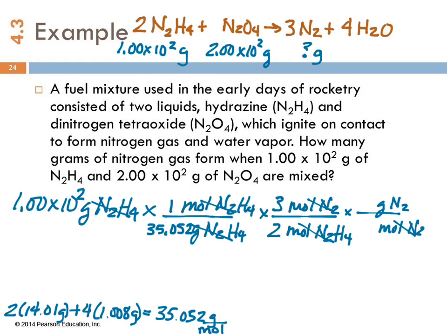It's going to be 3. Mass of nitrogen is 2 times 14.01, which is 28.02 grams per mole, or grams equals 1 mole. So we put that in here, and I didn't leave enough room. 1 EE2 divided by 35.052 times 3.